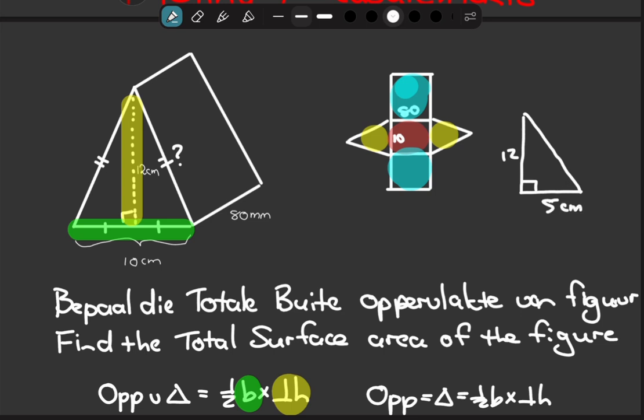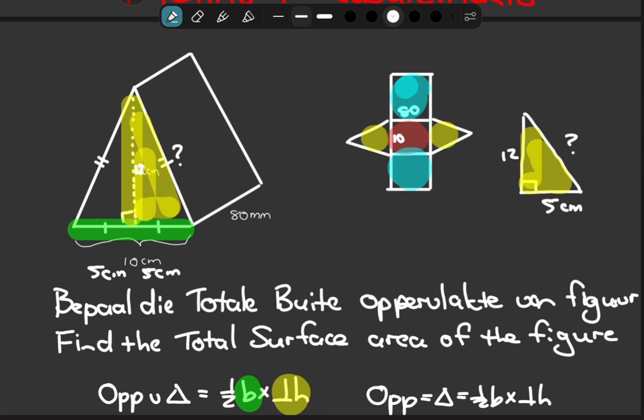So I just want to make sure that you can see where it's 5, because I'm just using this triangle over here. This is exactly this triangle, because I need to find this side. Okay, en we can use Pythagoras, omdat hierdie is opgedeel in 2, 5 centimeters en 5 centimeters, en obviously is daai 12 centimeters. So ons gaan gou Pythagoras gebruik.